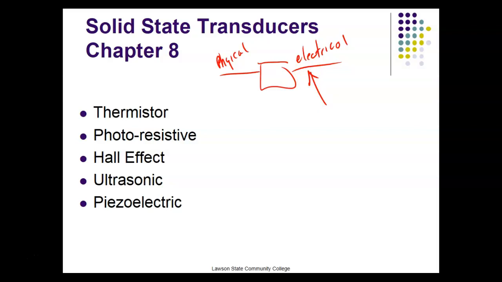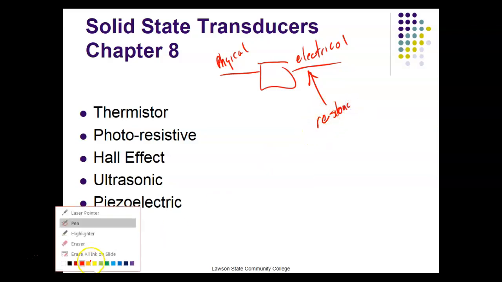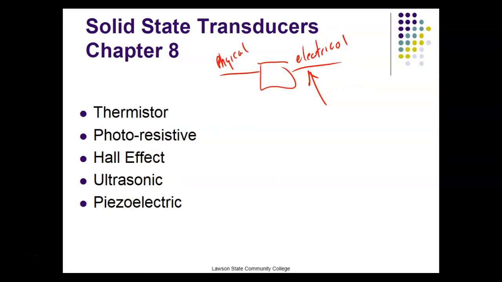Resistance. So we've got resistance, then we could do current, and the sensor could provide voltage, right? Those are the three things it could give us.